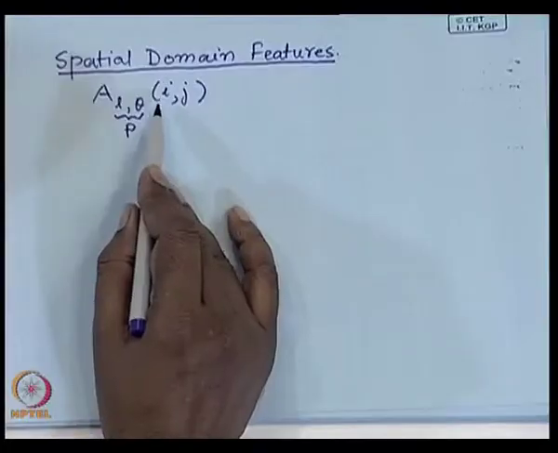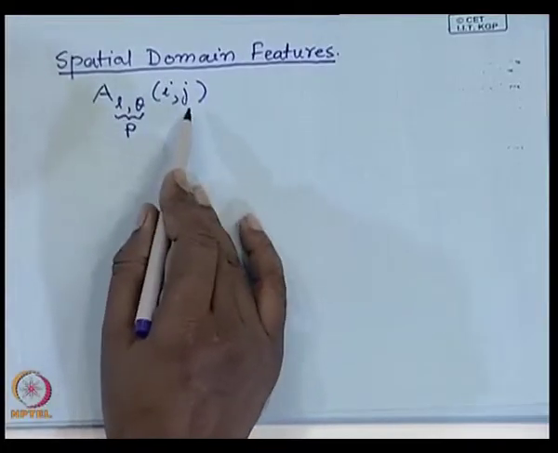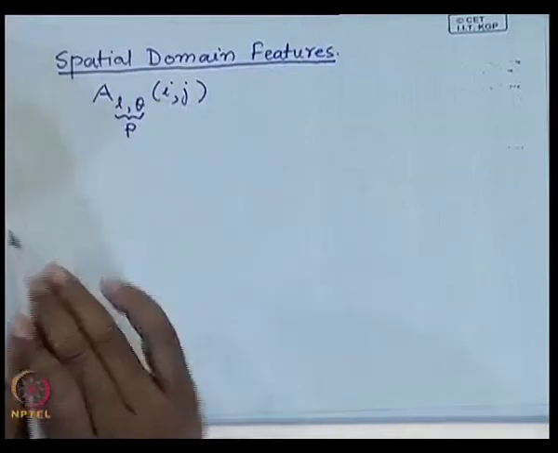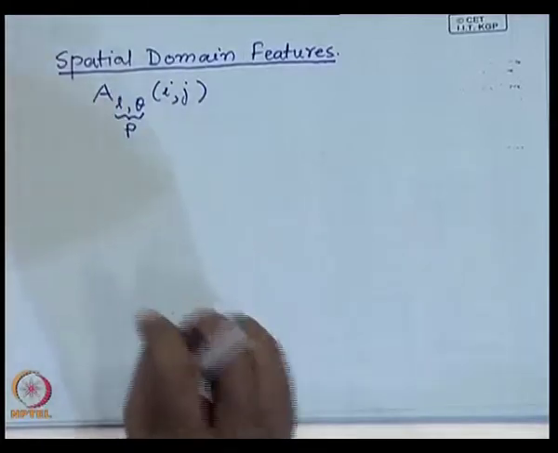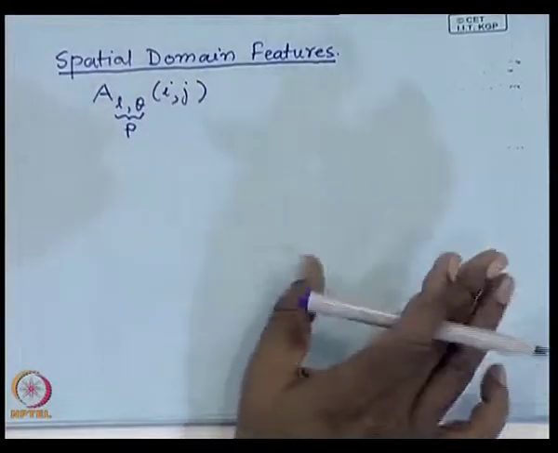That count, that number gives me an element A i j in the matrix A L theta p. Okay. So, after obtaining this matrix, the number of counts in which this intensity pair i and j following this position parameter p occur within a given image, and if I normalize that, then what I get is the frequency of occurrence or the probability of occurrence of the intensity pair i j within the image following this position parameter p.